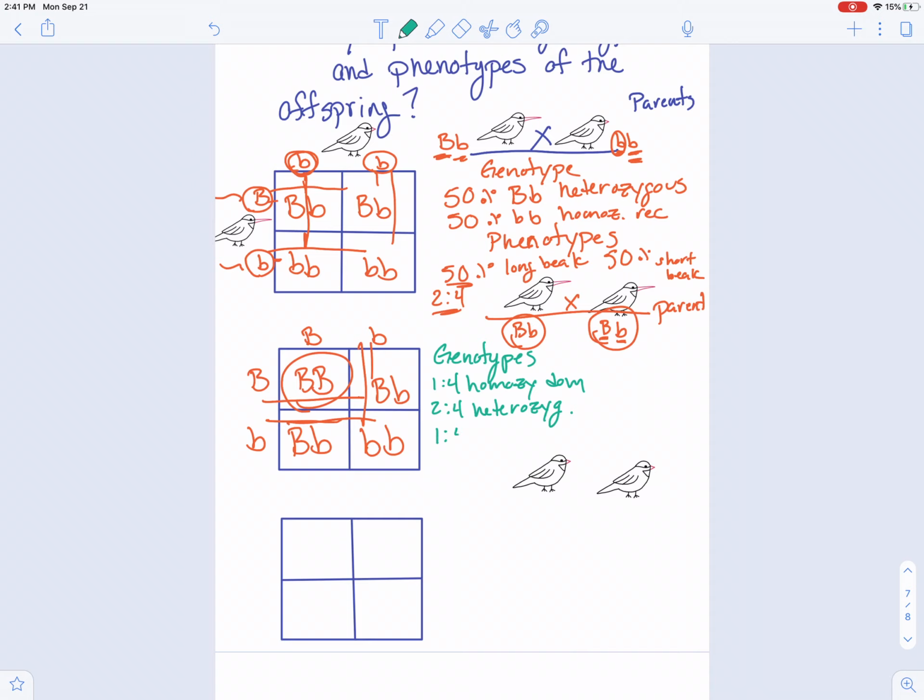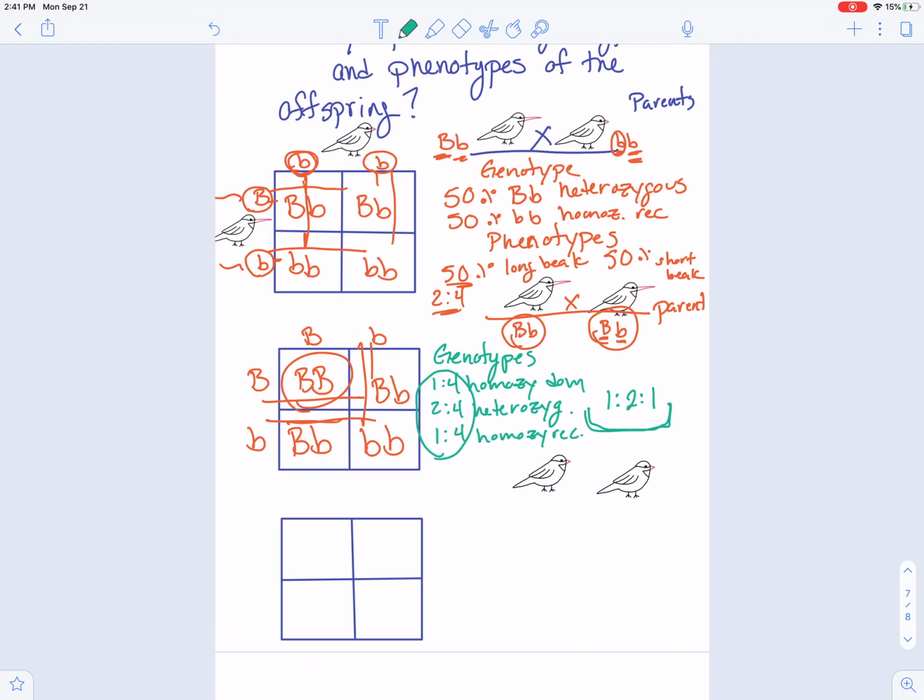And 1 out of 4 is going to be homozygous recessive. Sometimes you'll see people write this as a 1 to 2 to 1 ratio. So you could write this like this, and it tells us the same thing.